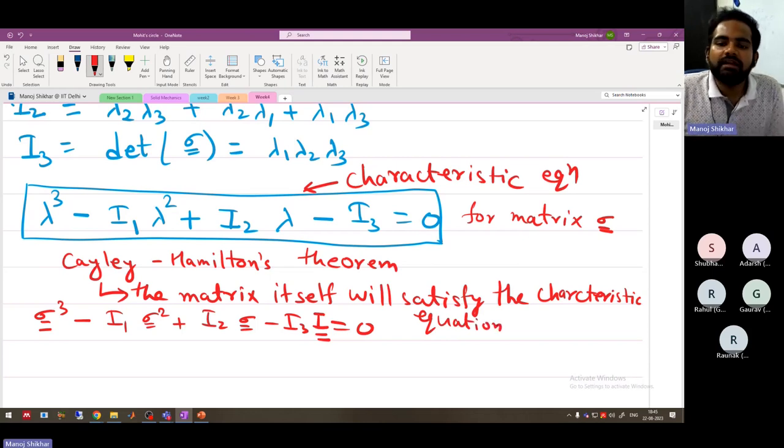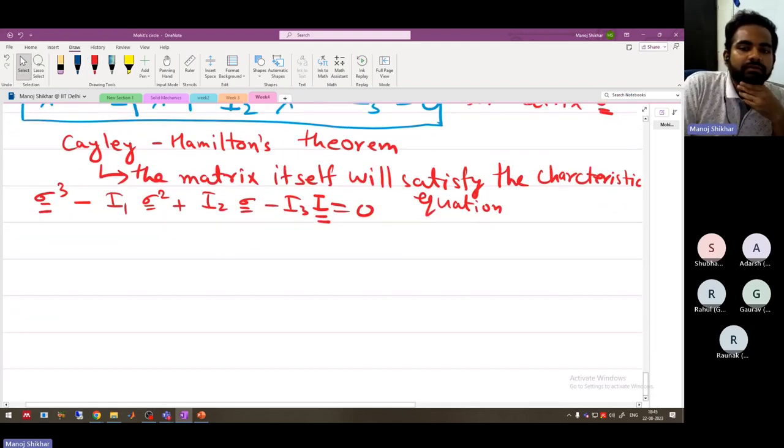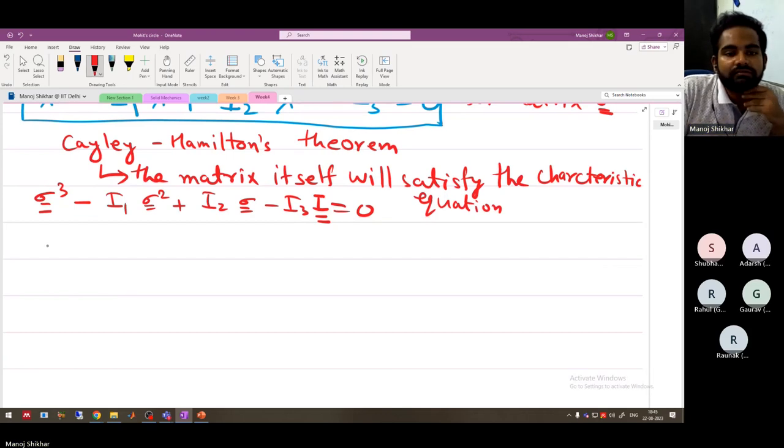This equation comes in handy when you try to find derivatives of this sigma tensor, or you want to find the inverse without inverting the matrix. For example, if you want to find the inverse of sigma, how can you do this?